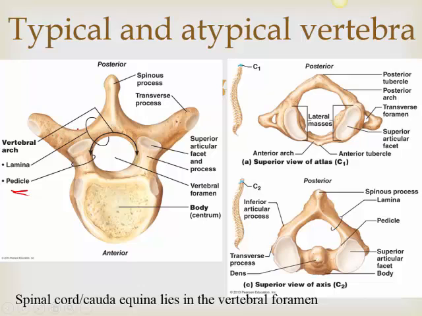And also connecting from the transverse process to the spinous process on either side is this flat plate of bone which is known as the lamina. So when these 2 laminae meet together, that's when you get the spinous process.